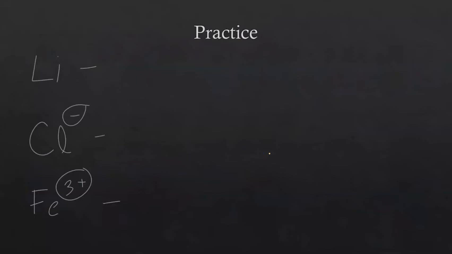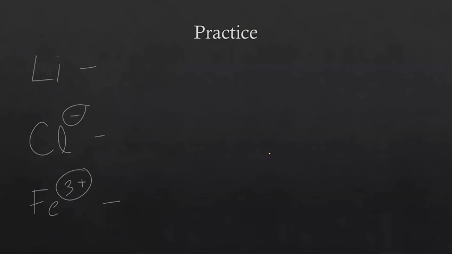All right, now let's do some practice by writing down a few electron configurations and their orbital diagrams. So first, let's do lithium. Lithium has an atomic number of 3, which means that, for a neutral atom of lithium, there's going to be exactly 3 electrons.